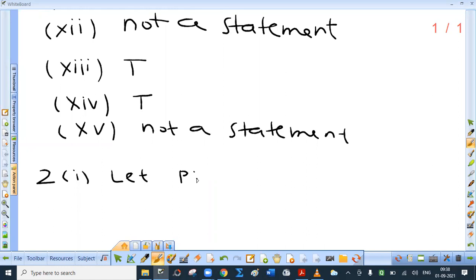A compound statement is formed by combining two or more simple statements. So we have to say: let P stand for Nagpur is in Maharashtra. Write this down.